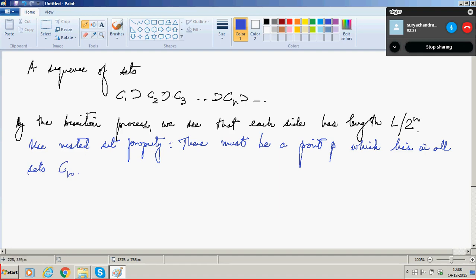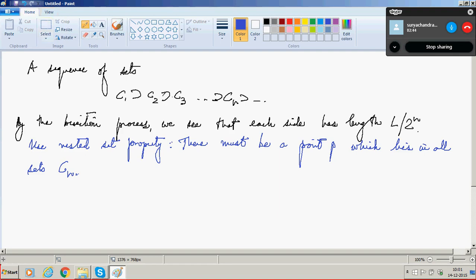Yeah. Now what is remaining to be proved, Surya? We have to prove it is a limit point. First we have found a point and then we have to prove it is a limit point. Okay?